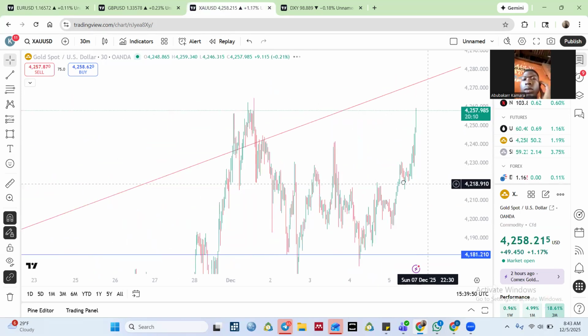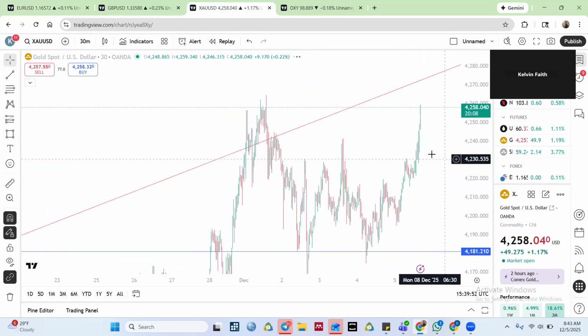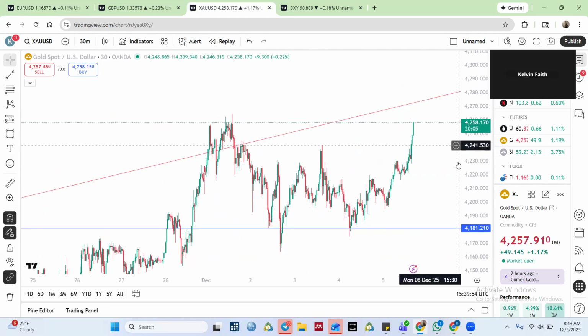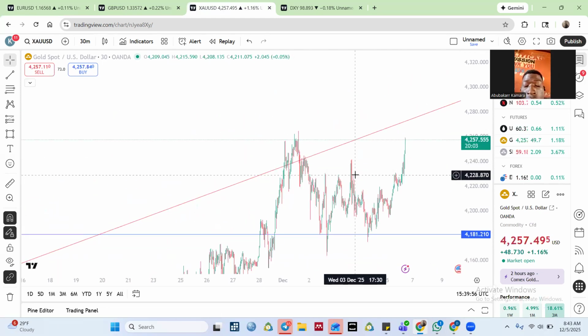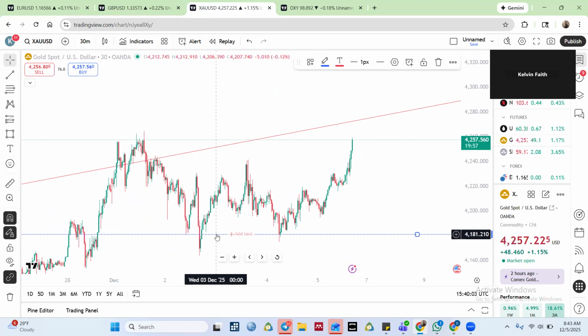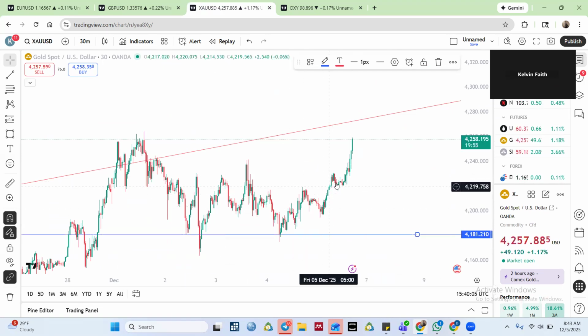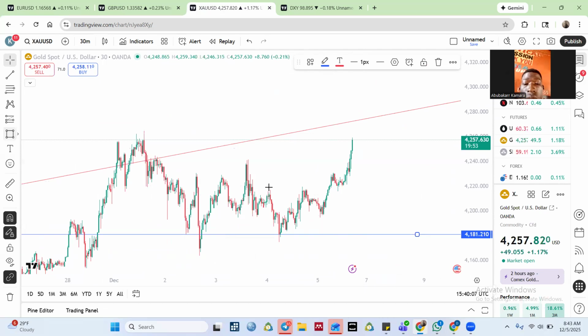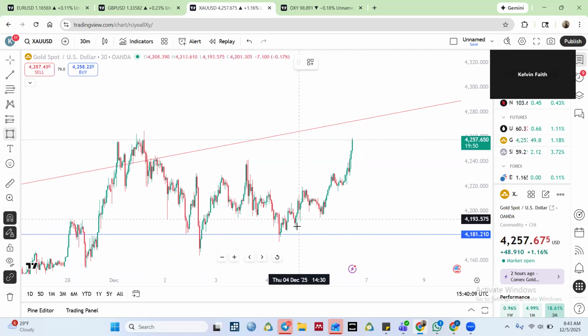And gold. Yesterday, wow, gold is just making it to the top. If you watched yesterday's live analysis, we were looking for buys on gold, and our buy entry was somewhere here on gold.